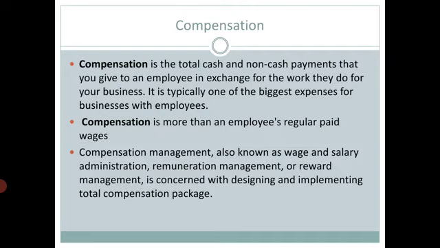When we think about compensation, why is compensation important? Compensation is that which is paid to the employee by the employer. Because if you want to run your business successfully, and you want the production process to be completed in time without any interruption, you should always be caring about your employees.